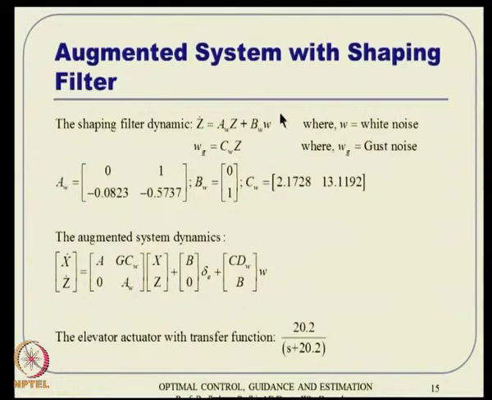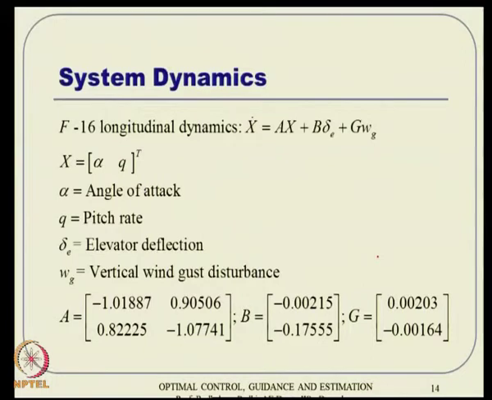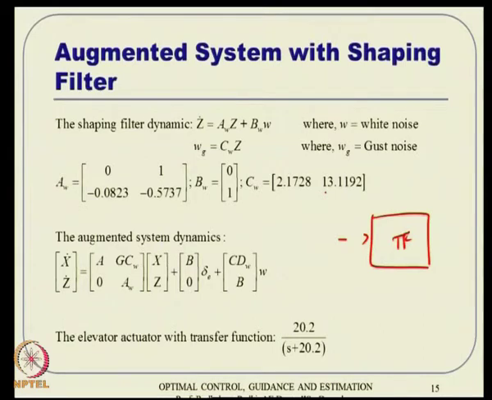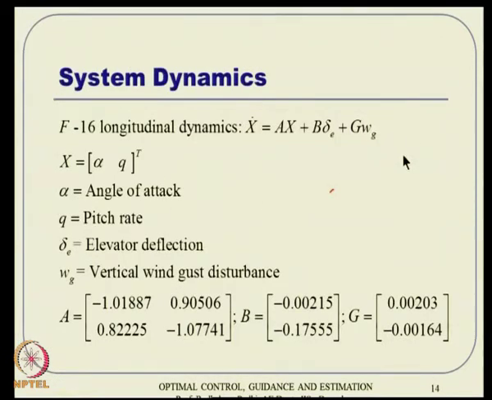We have a transfer function which will take white noise and give non-white noise. This will give W, whereas your WG is the wind gust, and this WG is the one which will go and affect the system dynamics. Remember, this is the WG gust component.